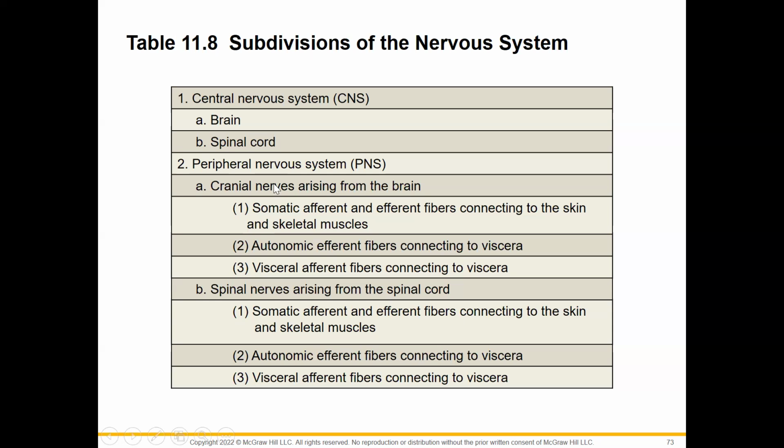You have your cranial nerves coming from the brain, spinal nerves coming from the spinal cord. These are divided into two more subdivisions. You have the autonomic and somatic portions in both the cranial nerves and in the spinal nerves. So somatic and autonomic.